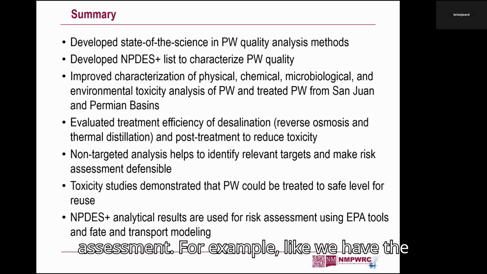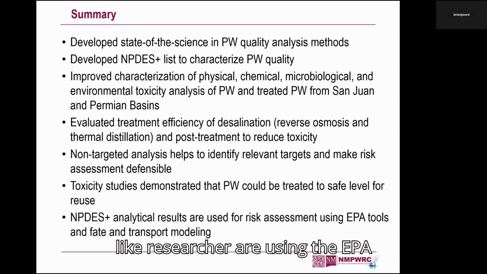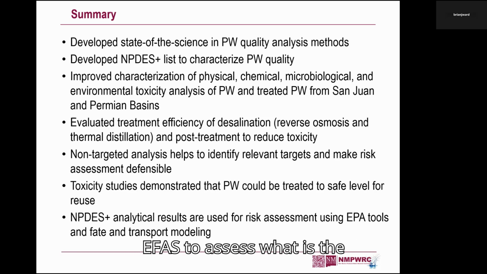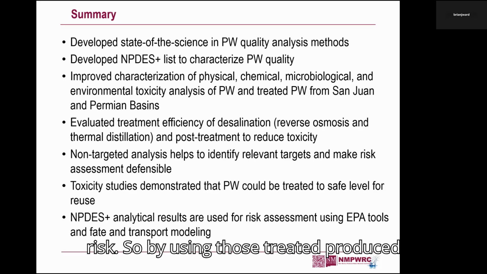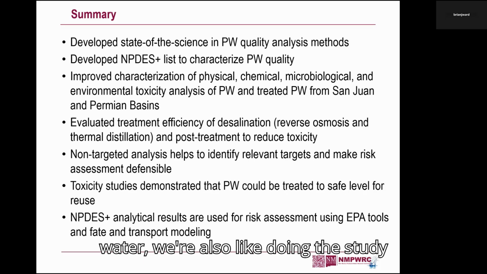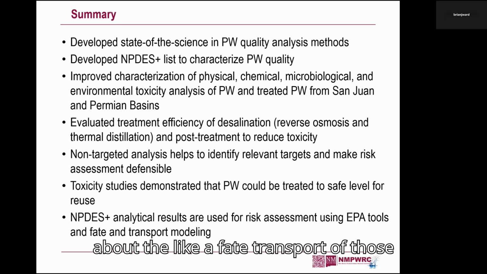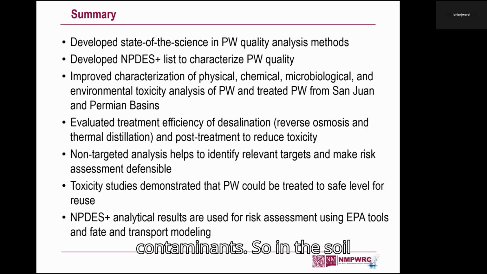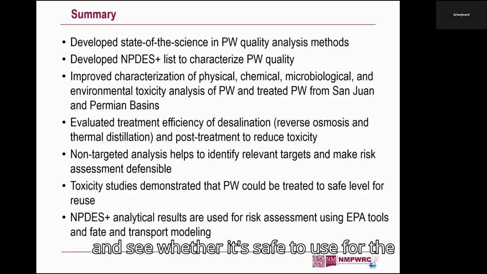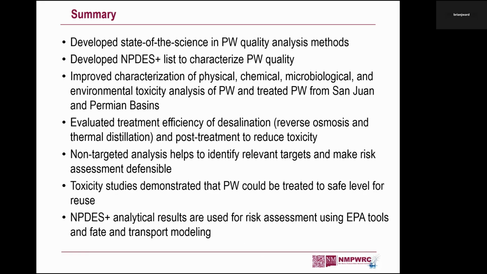For example, researchers are using the EPA EFAS to assess what the risk is. We're also studying the fate and transport of those contaminants in the soil, to see whether it's safe to use for agricultural irrigation.